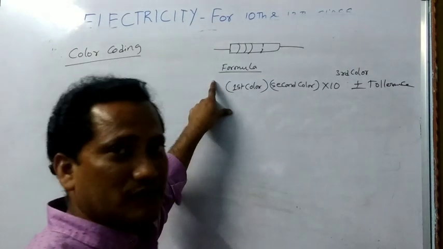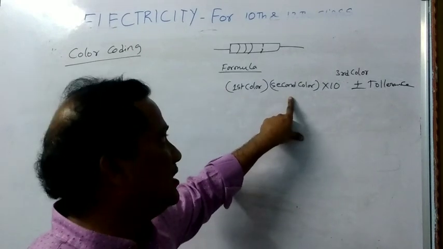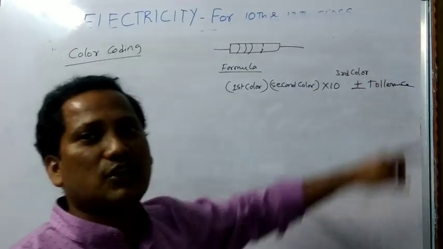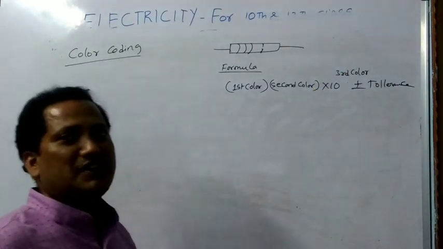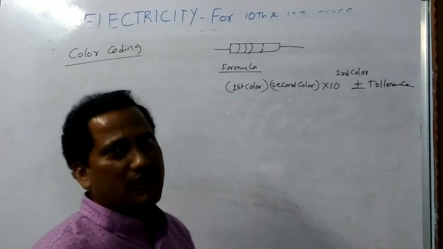Very important formula. Once again, I would like to repeat this. First color side by second color into 10 power third color plus or minus tolerance. Tolerance depends on silver or gold, or no color.